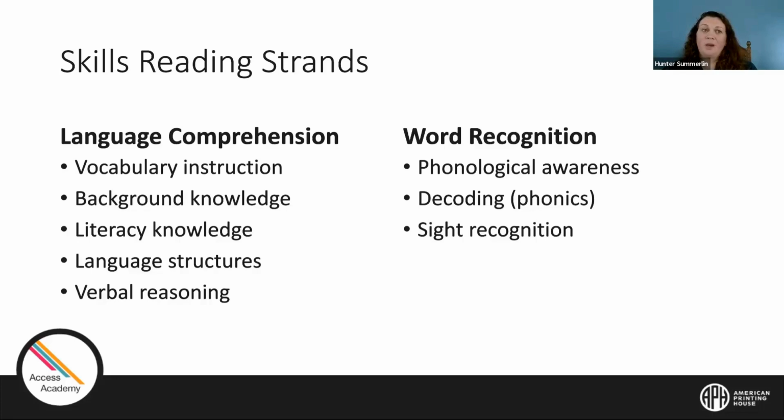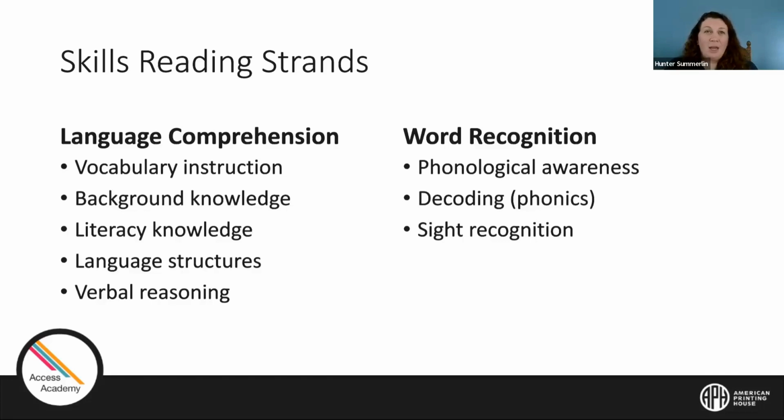So a story might not explicitly say this story takes place outside, but if you're reading a story about a girl who's walking through the grass, who bends over and picks up a leaf from the ground, we know that that's outside. We're not going to have a story that takes place inside in which those things occur.